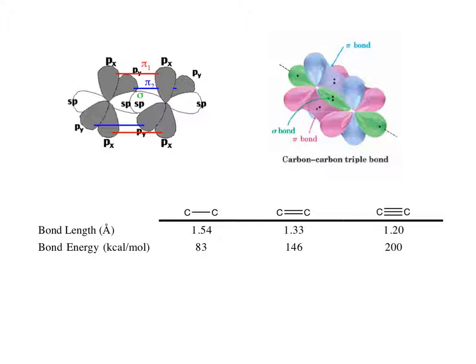So just as we saw in the alkene, the pi bonds of the alkyne will make the alkyne much more reactive than the alkane, and for most of the reactions, the reactivity will occur right at the pi bonds.